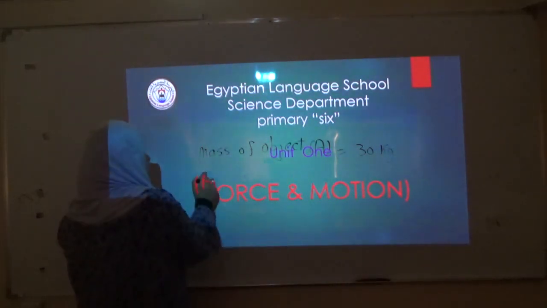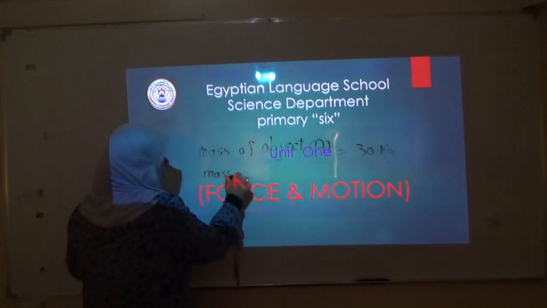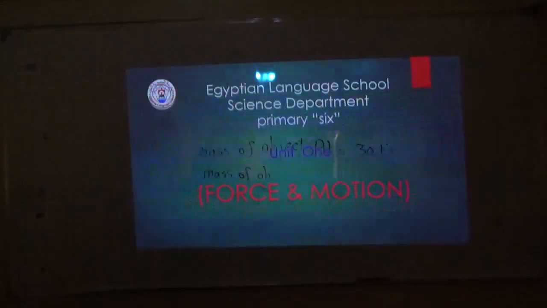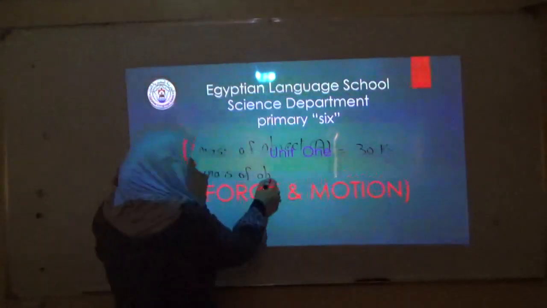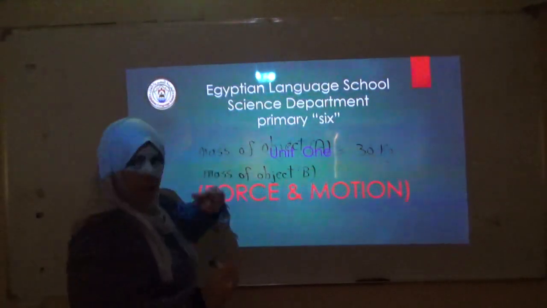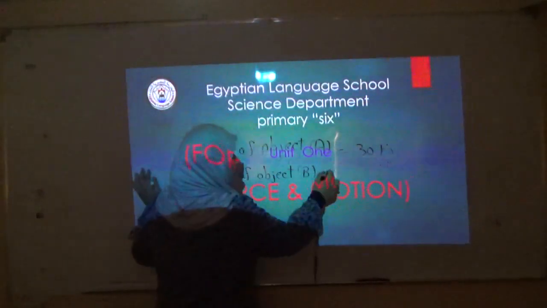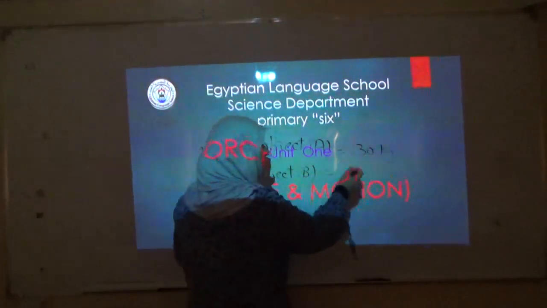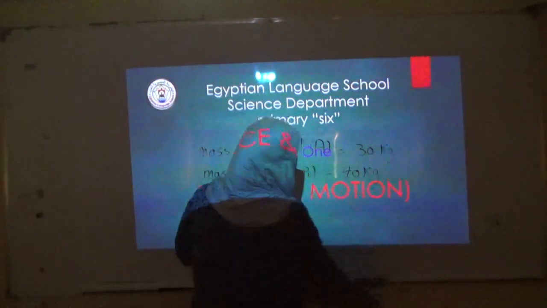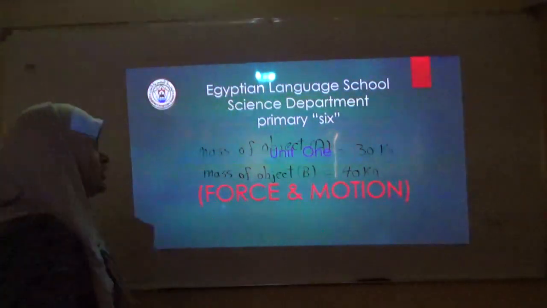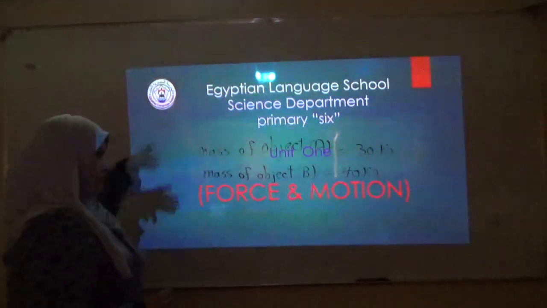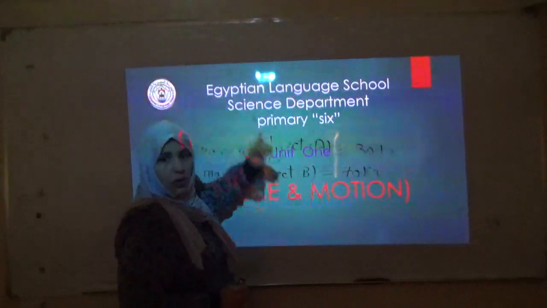Another object whose mass is, I'll call it object B. So I have two objects, object A and object B. The mass of object A is 30 kilograms, while the mass of object B is 40 kilograms on the surface of the Earth. The question now, which one of them will have a greater weight? The weight for object A or object B?